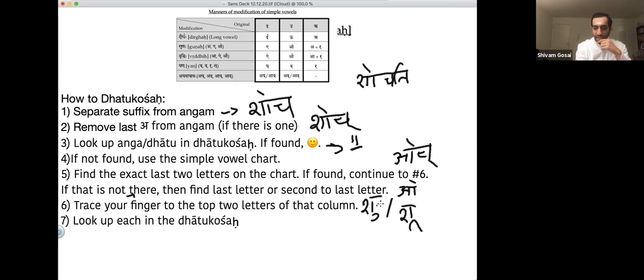Sorry, I have to keep that chakara at the end. Shuch. And I look up shuch in the dictionary. Notice how it's a little bit different. I went from o to u, but I have to keep that chakara at the end. So if it's second to last, you have to keep that last letter at the end.